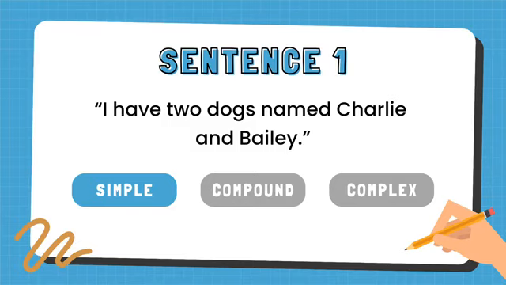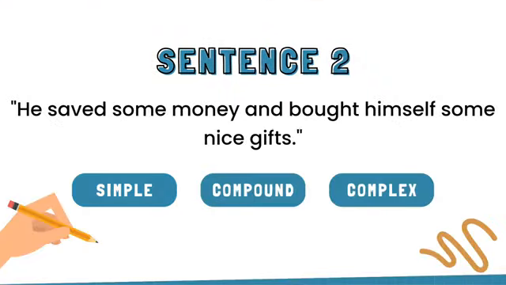It contains a singular independent clause, so it expresses a single thought also. That is why it will be referred to as a simple sentence. He saved some money and bought himself some nice gifts.